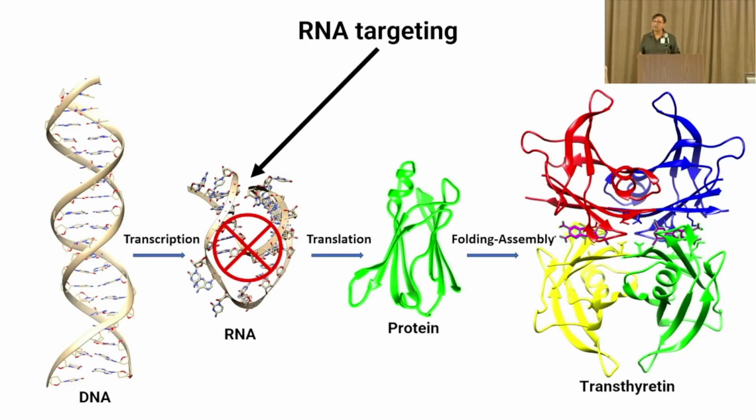Okay, so we can also target the RNA. This method is somewhat similar in principle to CRISPR-Cas9, except we are degrading the messenger RNA this time. So the way it works, you degrade the messenger RNA for your TTR, you can't make the protein, you have no protein to form amyloid and cause disease.